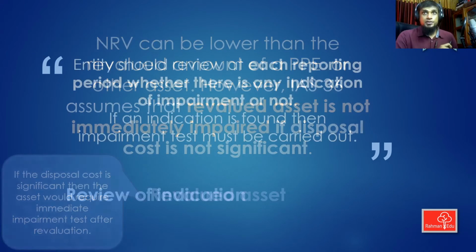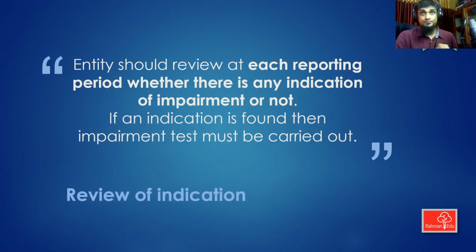Let's talk about review of indications. Every single year, every single reporting period, you need to check whether your assets have any bad indication of impairment or not. Well, you are depreciating that asset properly.